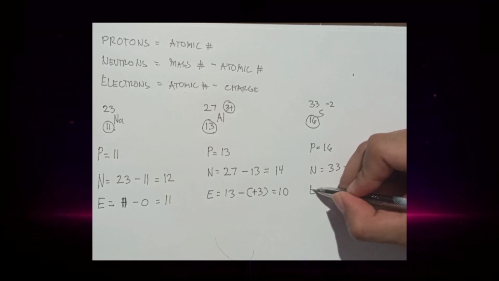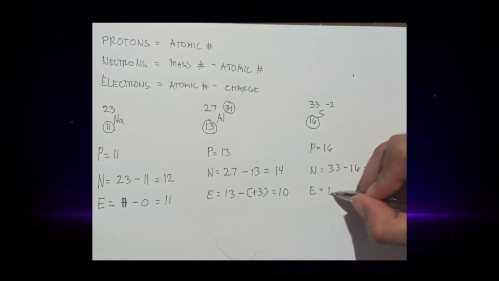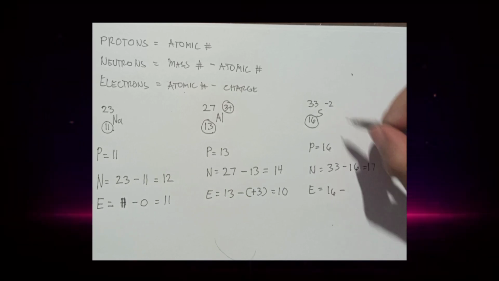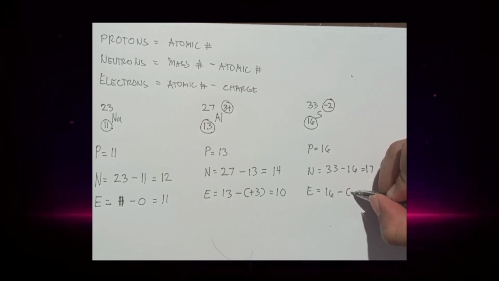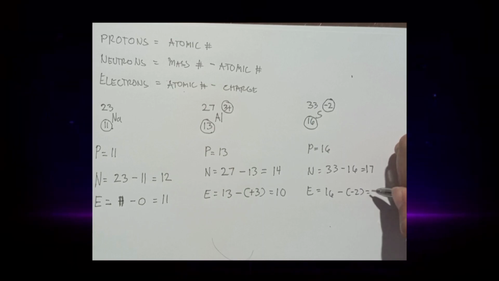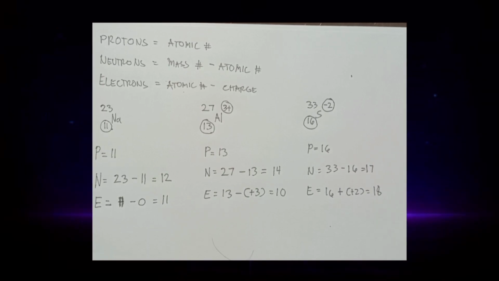Now for electrons, we will identify the atomic number and their charge. So 16 is our atomic number minus negative 2, or it can be addition, so the answer is 18.